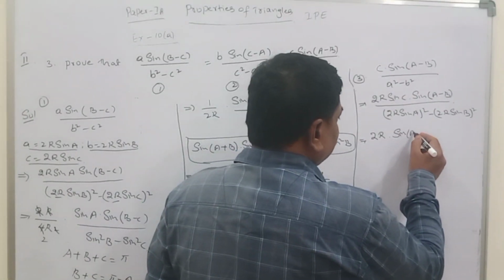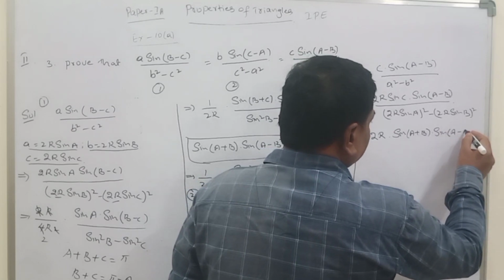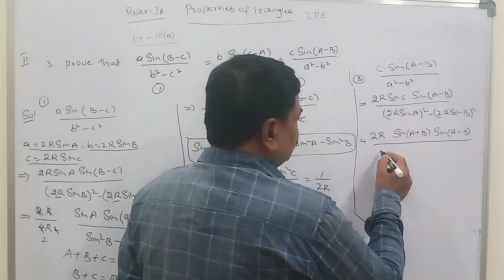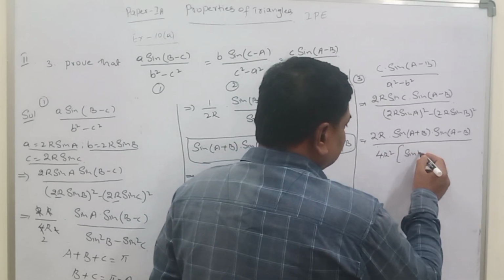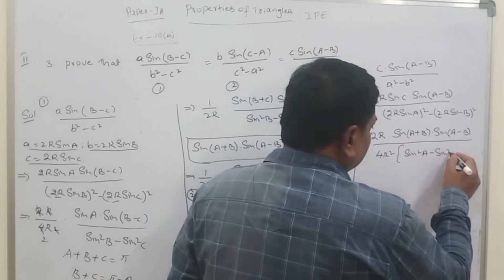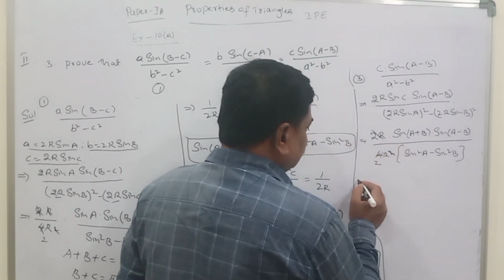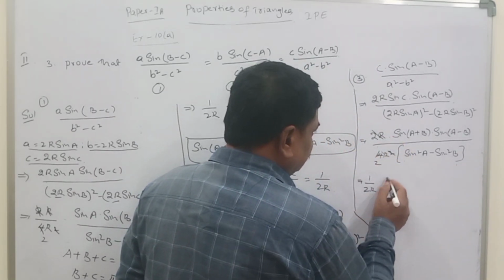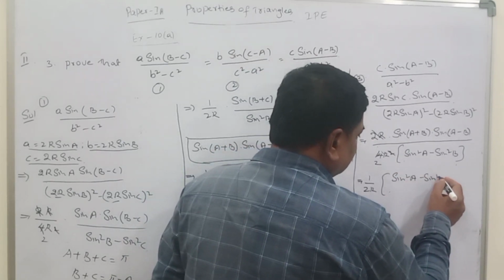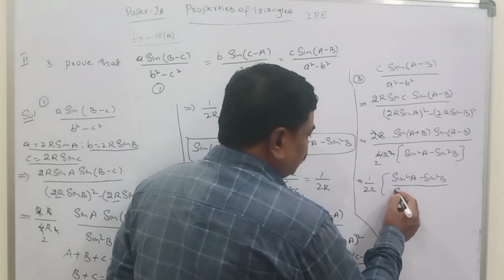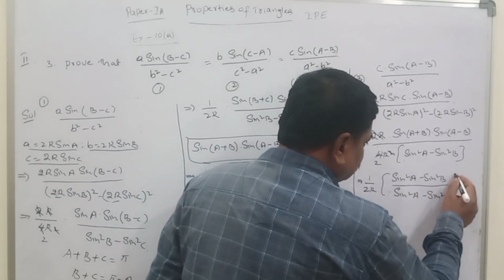So sin of a plus b into sin of a minus b by 4r square of sin square a minus sin square b. So 2r cancel, 1 by 2r into, numerator is sin square a minus sin square b by denominator sin square a minus sin square b.